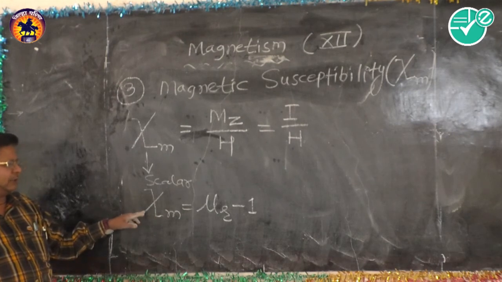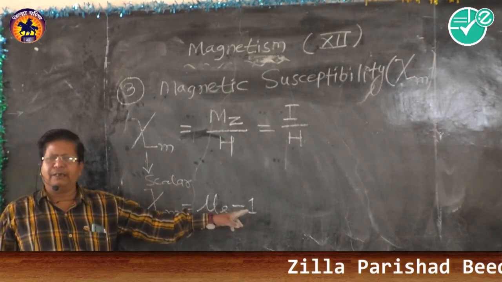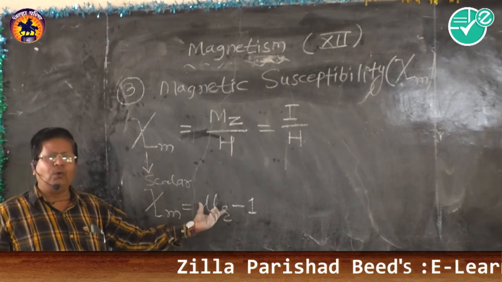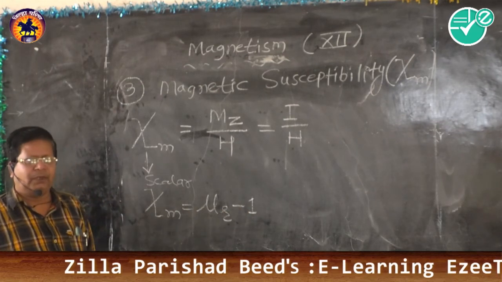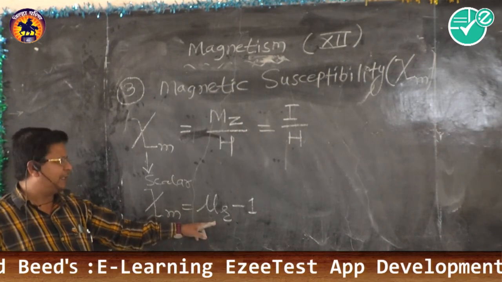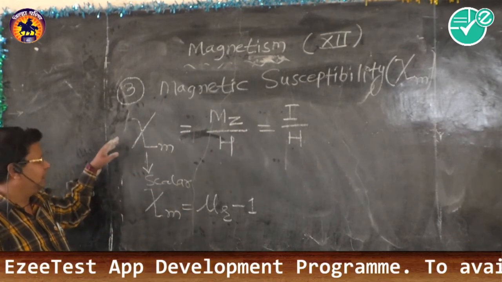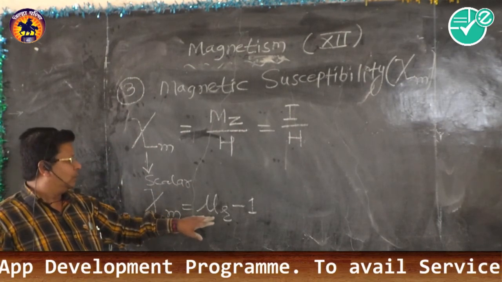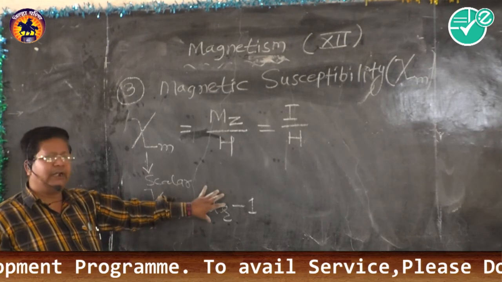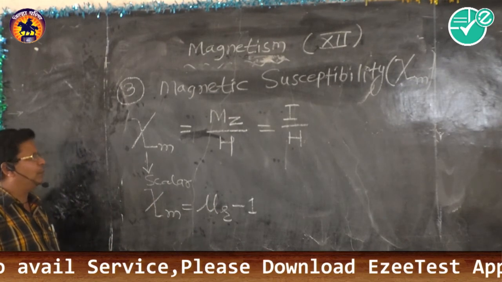So magnetic susceptibility is equal to mu r minus 1, where mu r is the relative permeability of the material. And our next article is to discuss about this relative permeability of the material known as mu r.